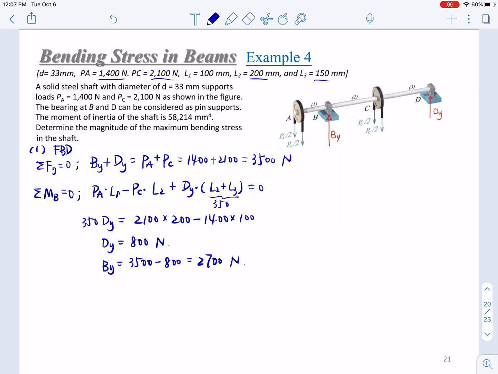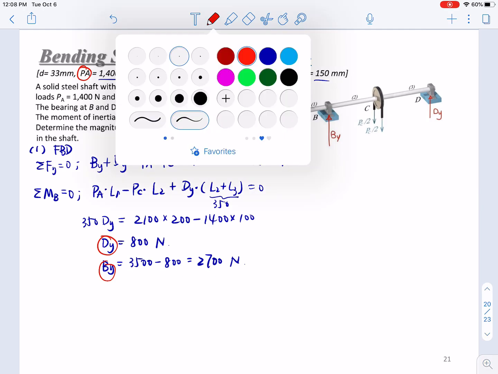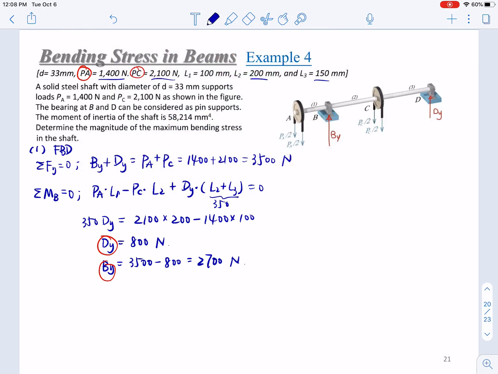Okay, then based on this result, based on PA, By, PC, and Dy, we can draw the shear diagram. Here is A, B, C, and D. Right.